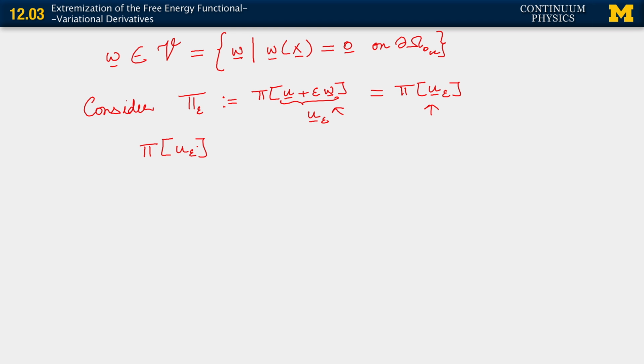Now, in order to know how pi changes with the amount of this variation, what I can consider is taking derivatives of pi with respect to epsilon, which is a scalar, a well-defined thing. It's not a vector, it's not a tensor, it's just a scalar. And we know how to take derivatives of everything with respect to scalars.